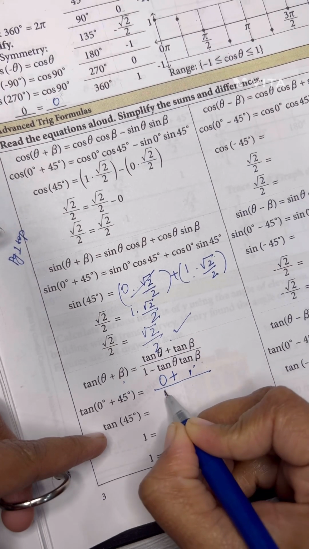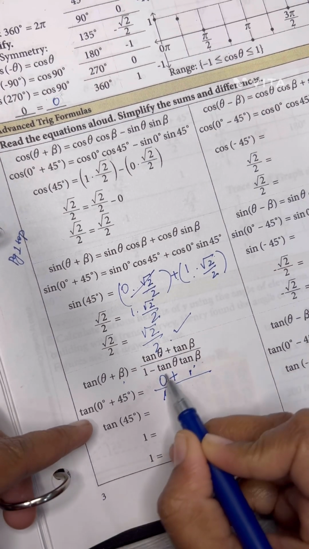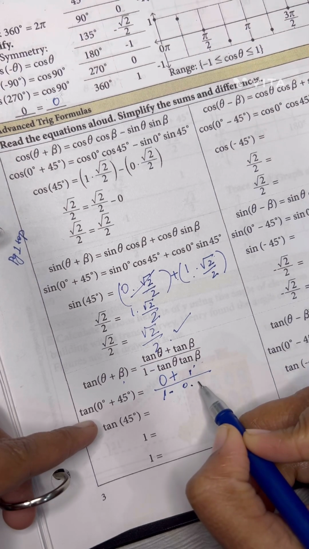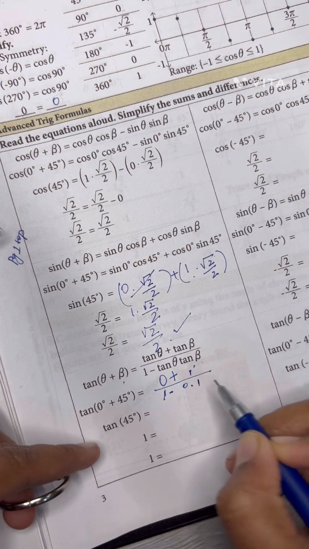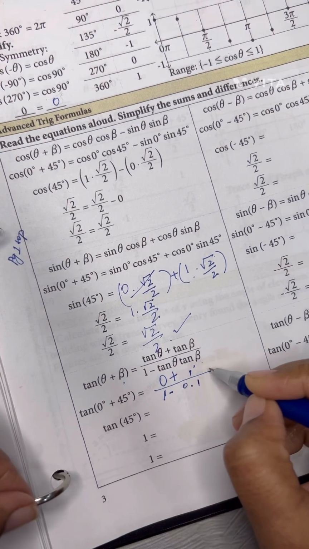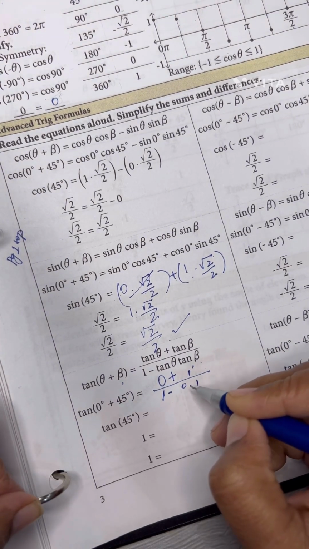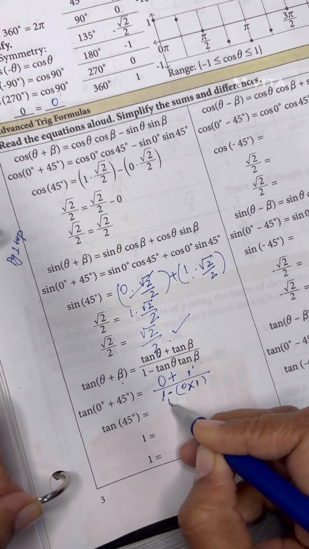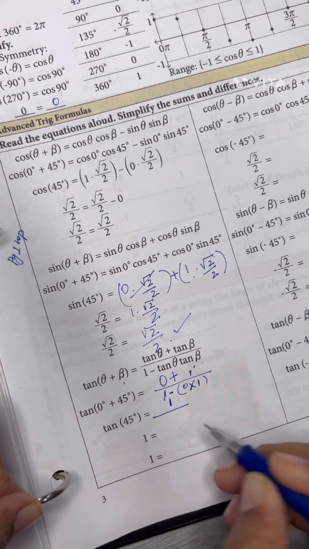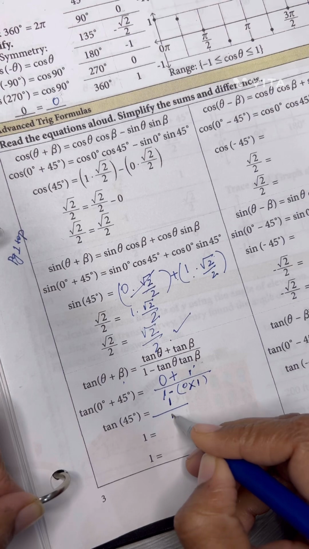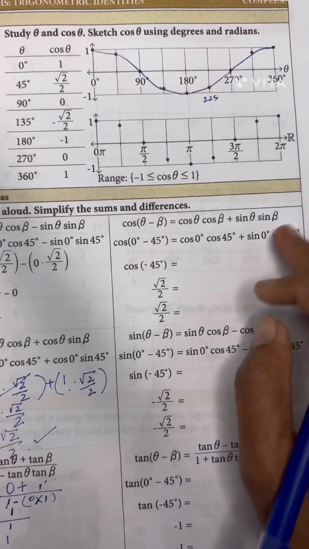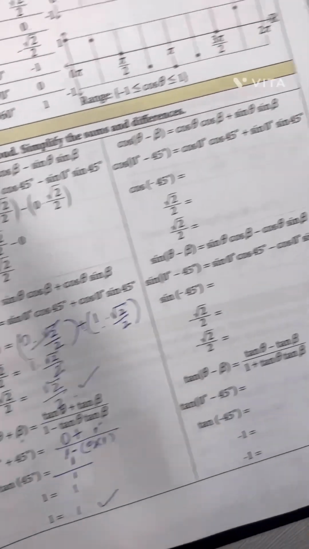So 0 plus 1 over 1 minus 0 times 1. 0 plus 1 is 1, over 1 minus 0 is 1. So my 1 equals 1. I hope that was clear.